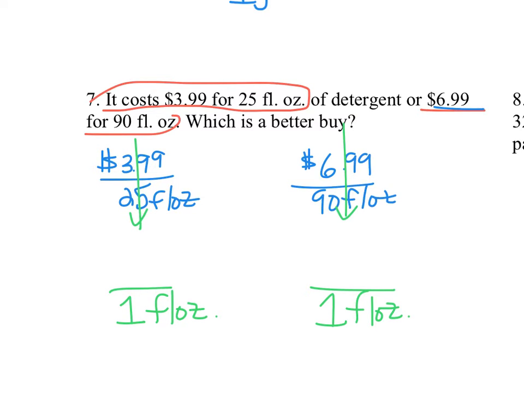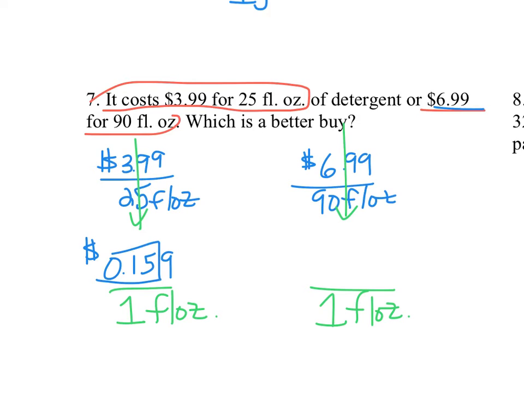All right, so $3.99 divided by 25. I do this often in the store to try to figure out which is the better deal on things. I use my calculator. I'm not that good without my calculator. I'm just going to write down the first 3 numbers, and I know that that's money.